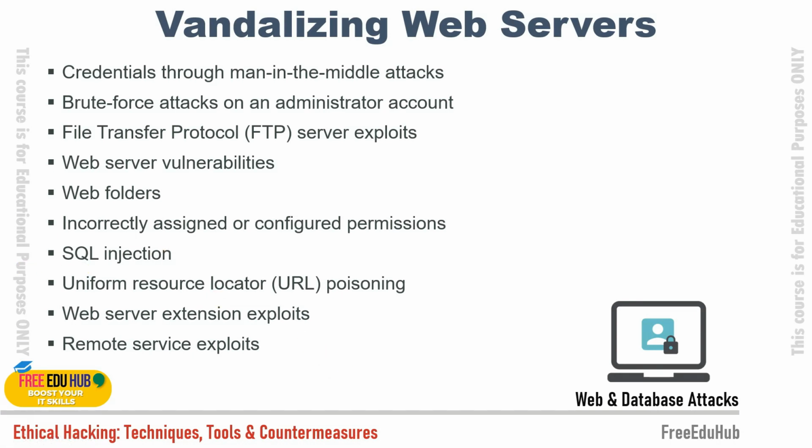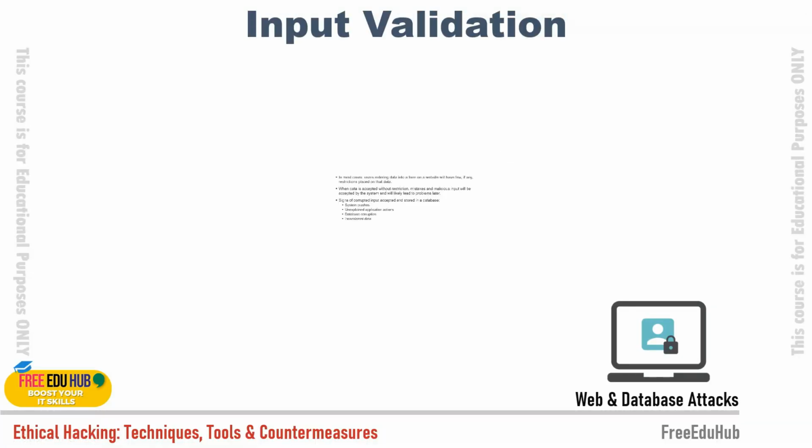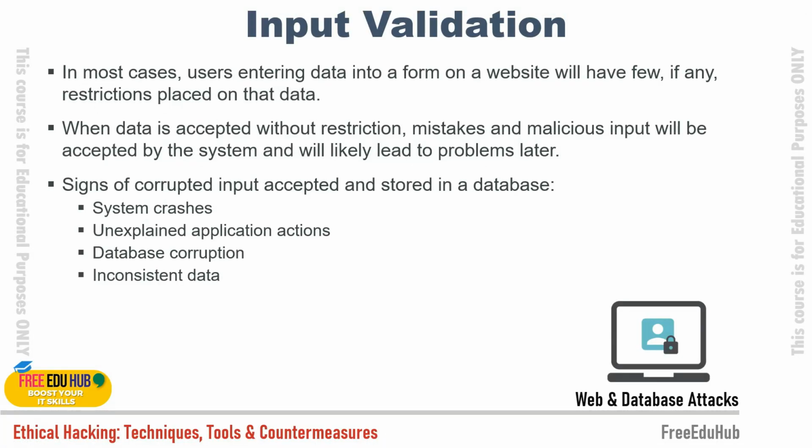After that, input validation plays an important role whenever we are talking about the data which passes through the website or gets some information from the database. In most cases, when users enter data in a form on a website, there will be few, if any, restrictions on the data being fed through these forms. When the data is accepted without restriction, mistakes and malicious input will be accepted by the system and will most likely lead to problems.